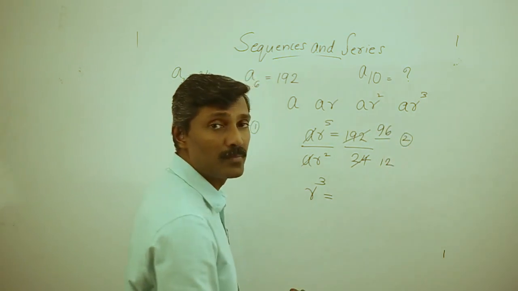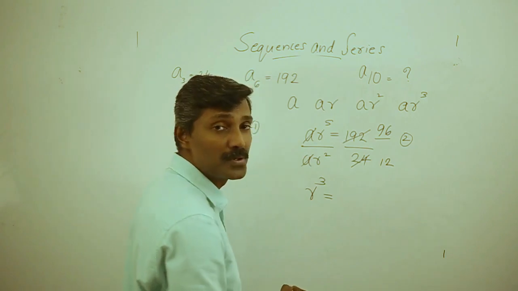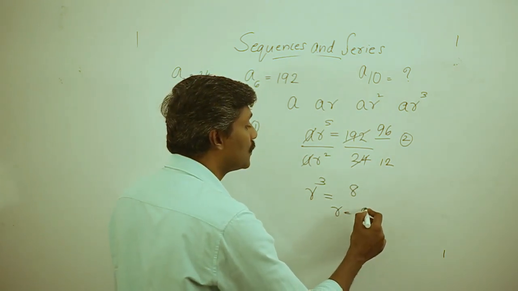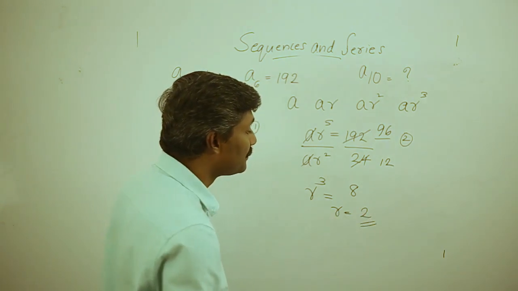So 96 divided by 12 is 8. So 192 divided by 24 is 8. So r cube is 8 and r is equal to 2, right?